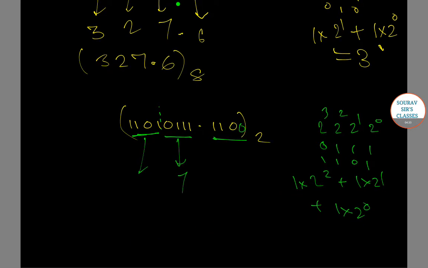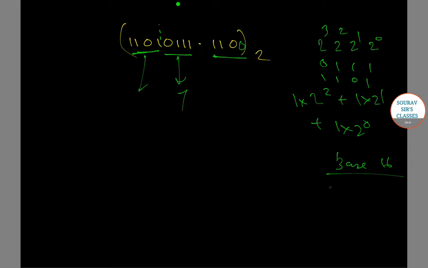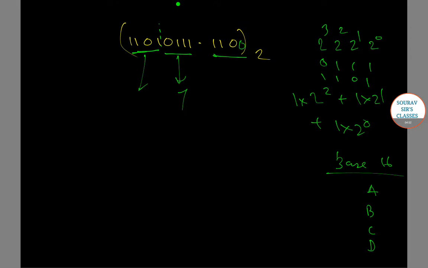Now what is 13? We know that in hexadecimal, or base 16, the numbers above 9 are represented as A, B, C, D, E and F. A corresponds to 10, which we get by 8 plus 2, so 1010.